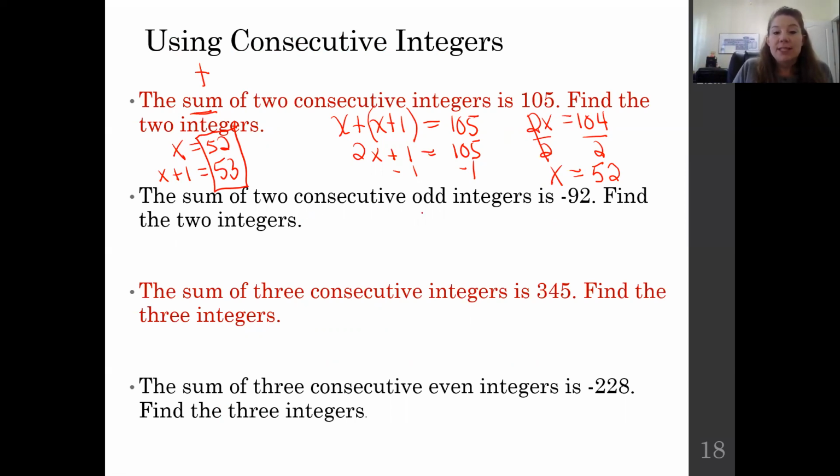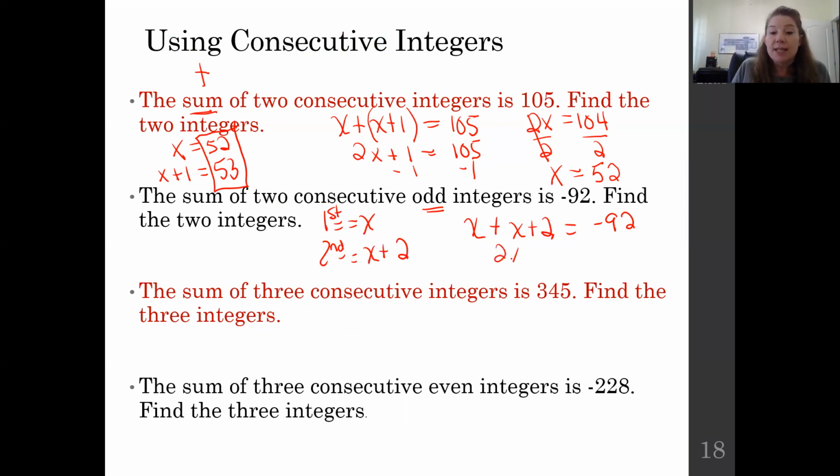The sum of two consecutive odd numbers. So odd numbers, remember the first one is X. And what's the second one? The second number is X plus 2. So the sum of two consecutive odd numbers, so the first number plus the second number, is negative 92. So now what do we do? We combine like terms.